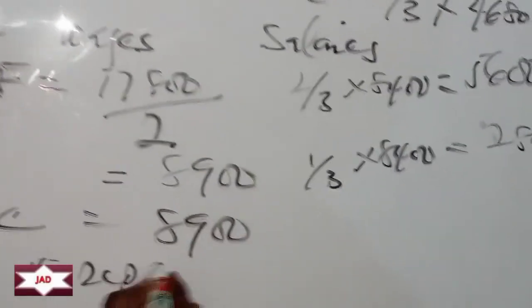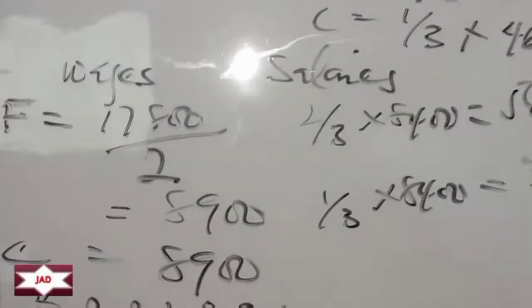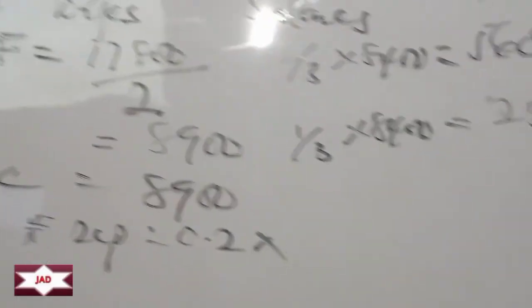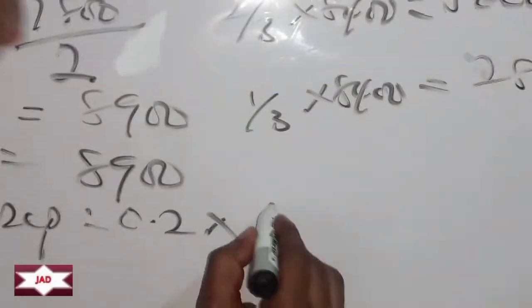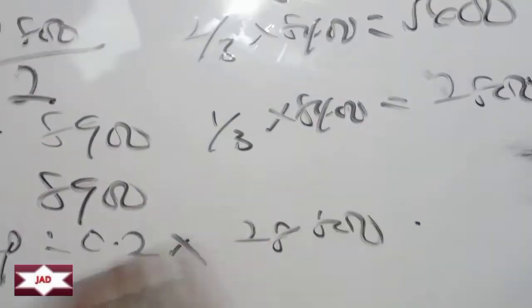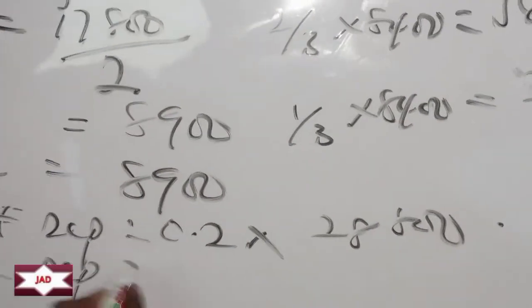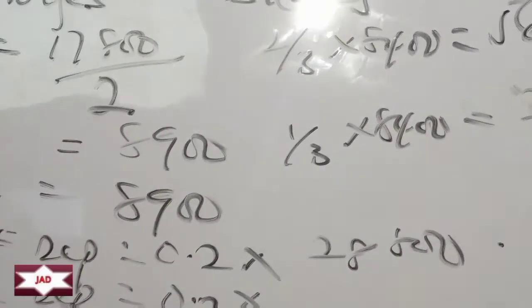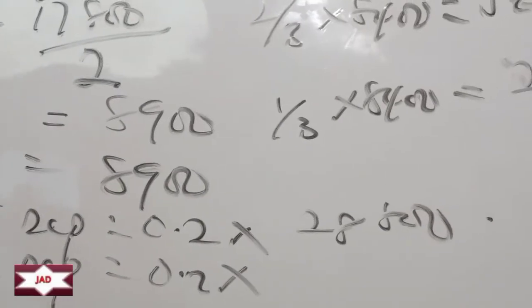So depreciation will be 0.2 times. What's the cost of motor van? It's 28,800. For clothing, depreciation will be 0.2 times what's the cost of motor van?